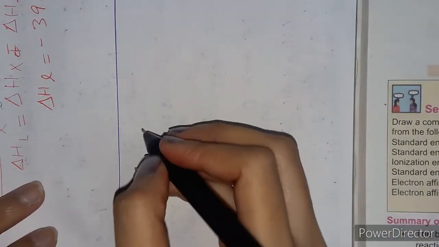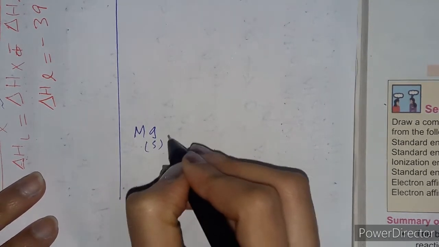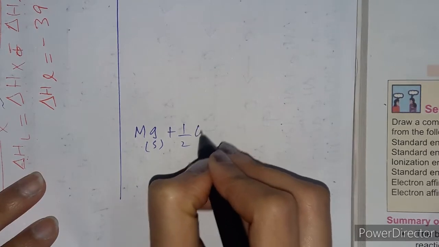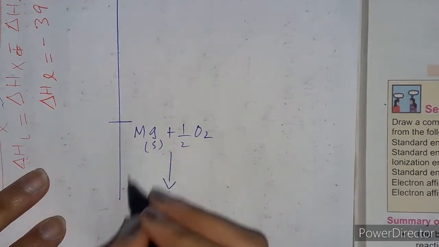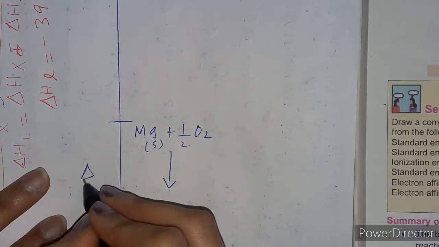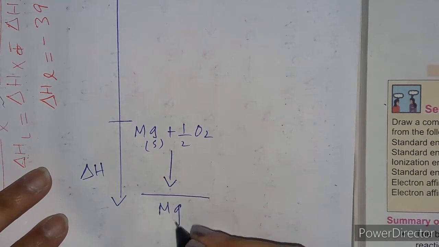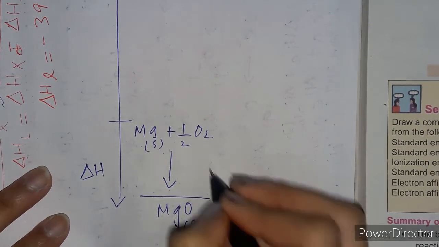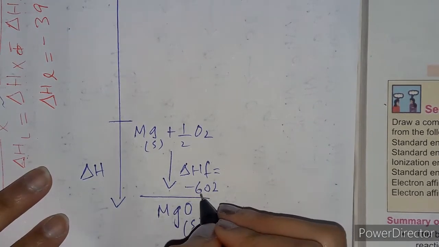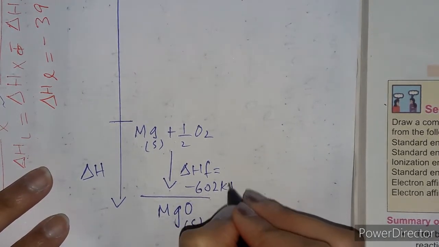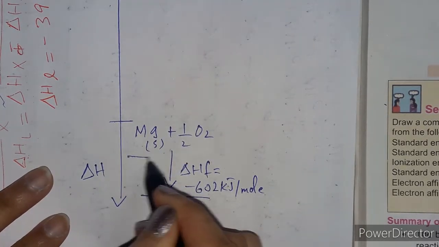First of all, we have magnesium in the form of solid plus half O2, which gives, with the enthalpy change decreasing, MgO in the form of solid. Here the enthalpy of formation is included, which value is minus 602 kilojoule per mole. So this is the first step.